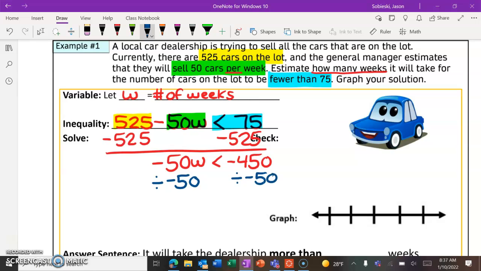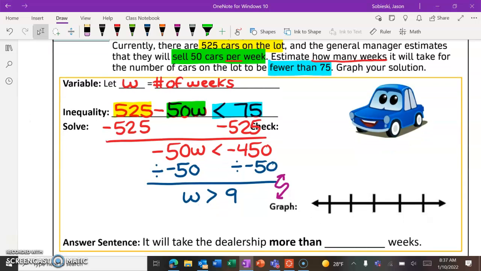And hopefully you remember the rule. If we divide or multiply by a negative number, we need to take our inequality and flip it. So now this becomes greater than. So W is greater than 9. And then let's put our little Uno reverse arrow to show that we remembered we needed to flip that sign.